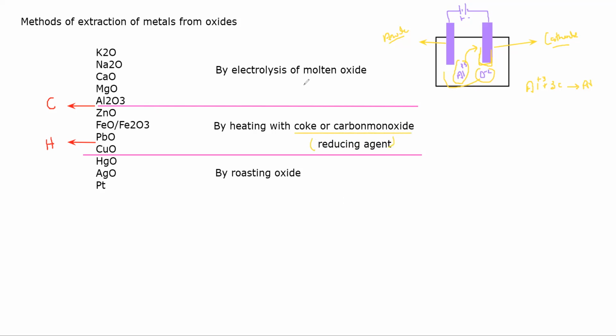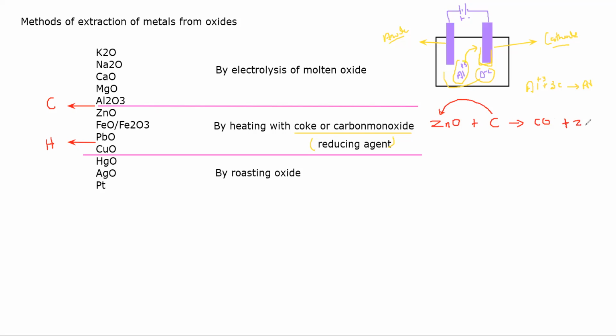For example, if I have zinc oxide and react it with carbon, as we can see, carbon is more reactive, so carbon will take the position of zinc. It can form carbon monoxide or carbon dioxide depending on how much carbon is used.